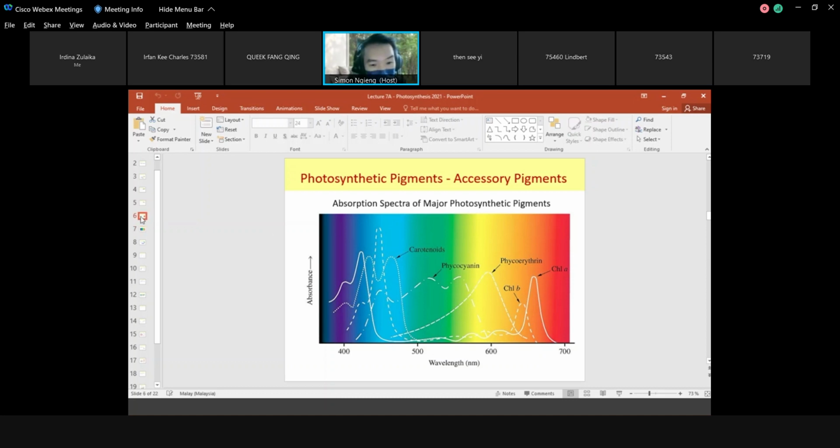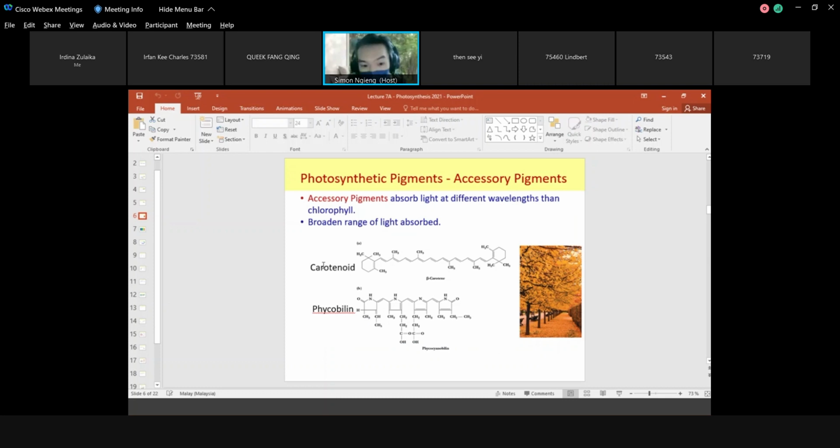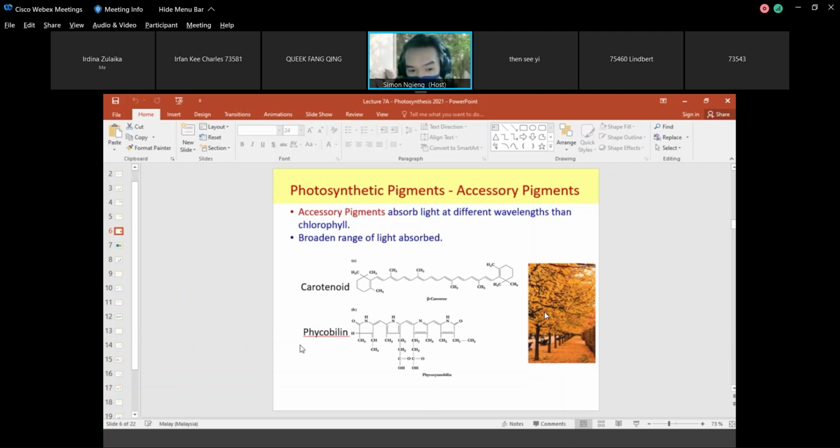You have other kinds of pigment besides carotenoid. You also have phycobilin. Phycobilin is not found most of the time in plants, but it is found most of the time inside algae. You know your algae can also perform photosynthesis, right?